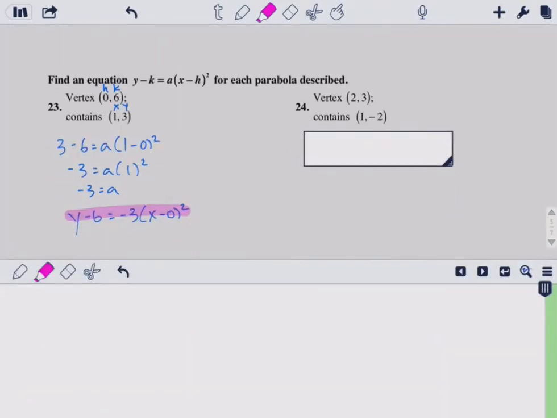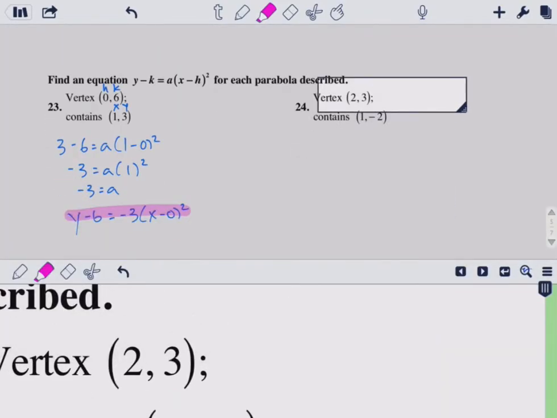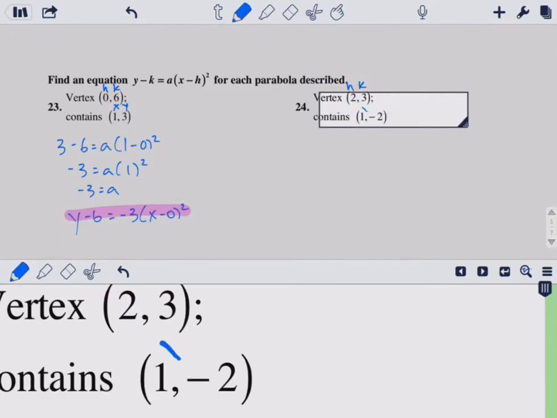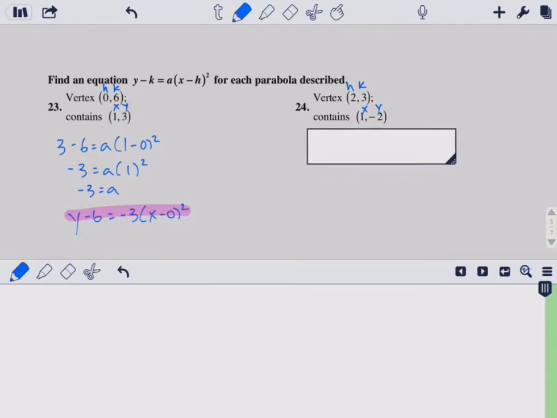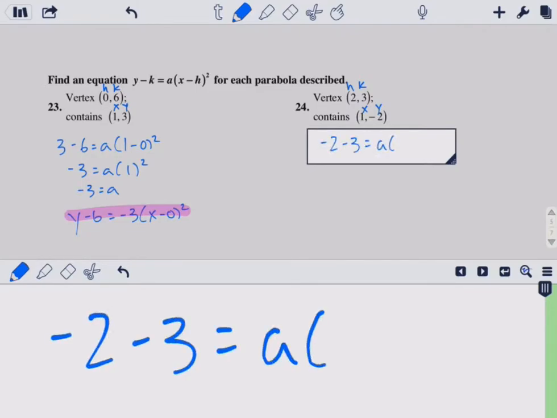Do the same thing. When you've got hk, xy, so I've got y is negative 2 minus 3 is equal to a times x is 1 minus 2 squared.